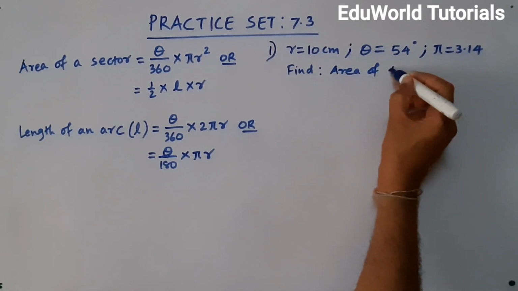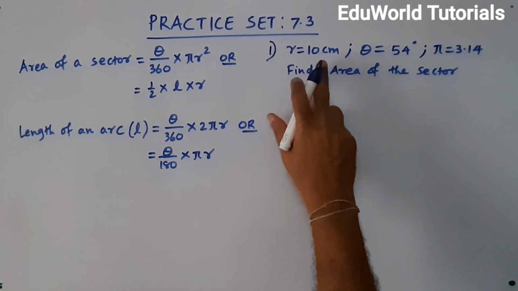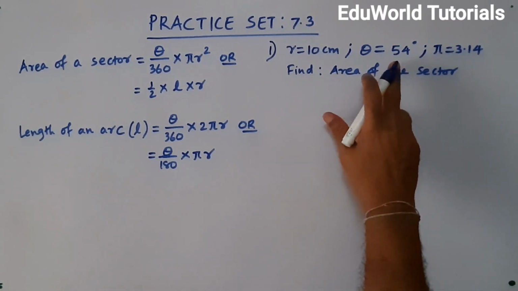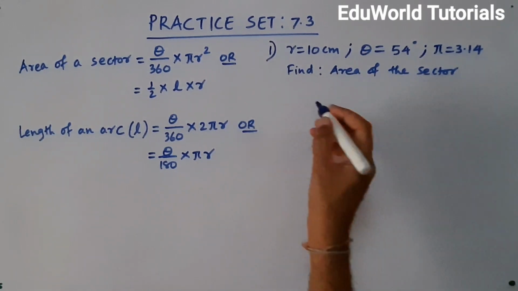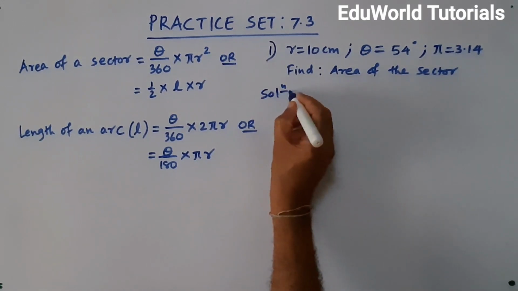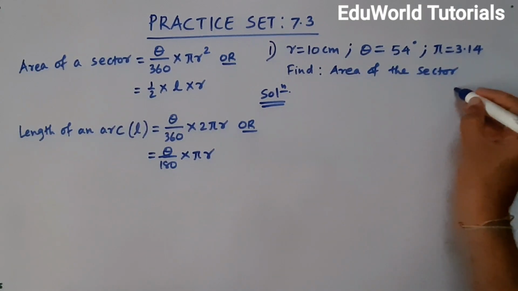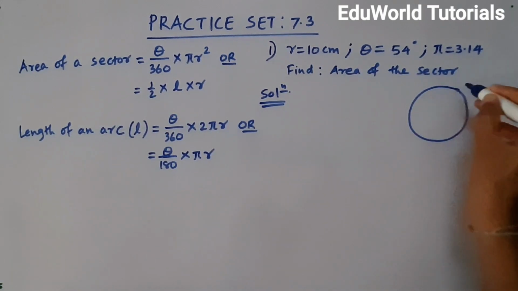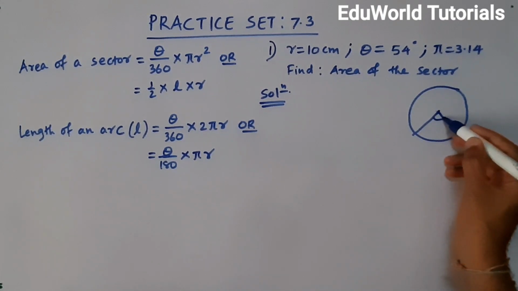Area of the sector means which sector? The sector that is bound by these radii and having central angle of 54 degree between them. Just to remind you, if this is the circle and these are the two radii, then this is theta.